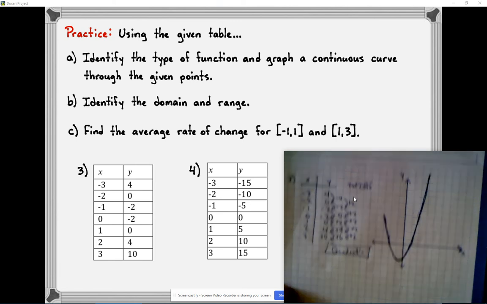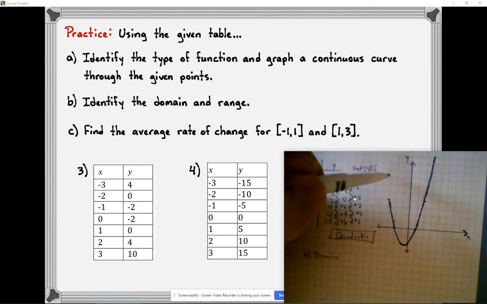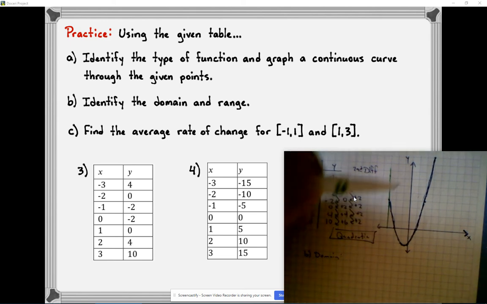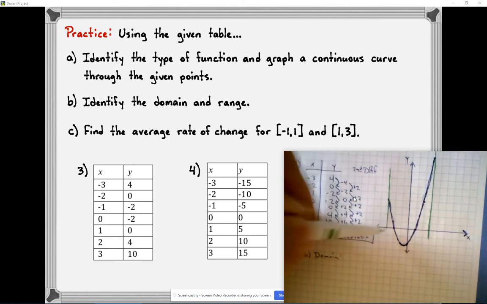Now it says to identify the domain and the range. So the domain, well, let's go ahead and draw our regions. So we start out, what is the leftmost? We draw a line at the leftmost point. We draw a line at the rightmost point. Our job is to create a box around this.